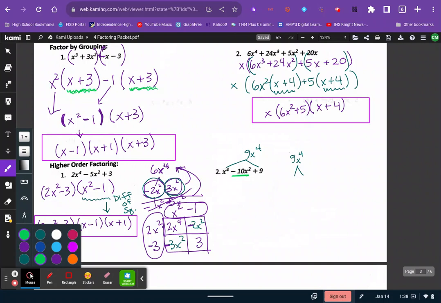So again, I've got a negative here and a positive for my last term. The only way that's going to work is if I have two negatives inside the parentheses. So both of the factors that I find are going to have to be negative. And that happens because when I multiply them together, I have to get a positive.